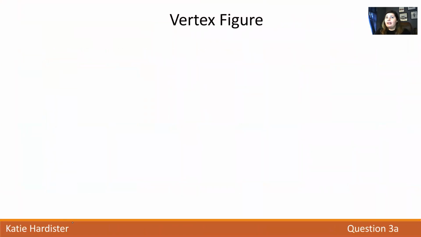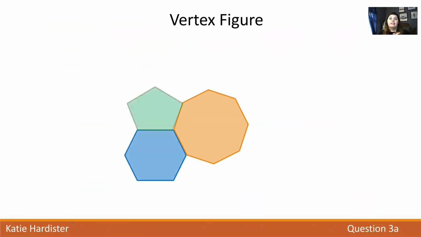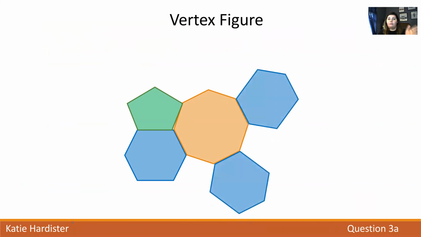So with that in mind, a tessellation can be a vertex figure. For this example, we were given an octagon, and the student was given three shapes: the octagon, then a hexagon and this other shape. She was asked to put them together, and then she was asked to take the shapes and put them one spot in between each.